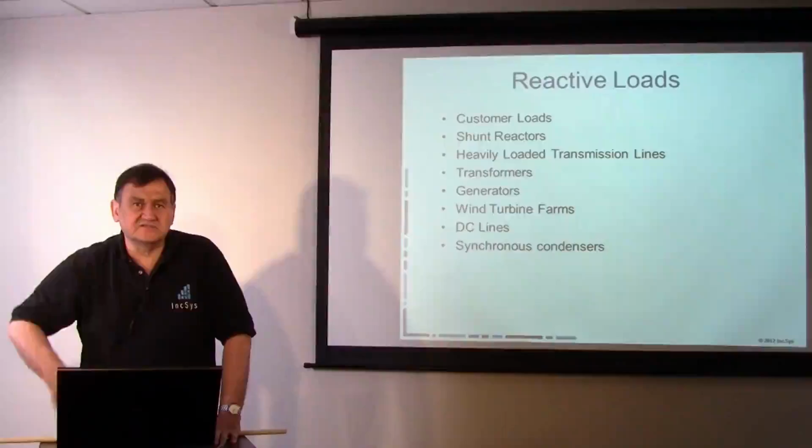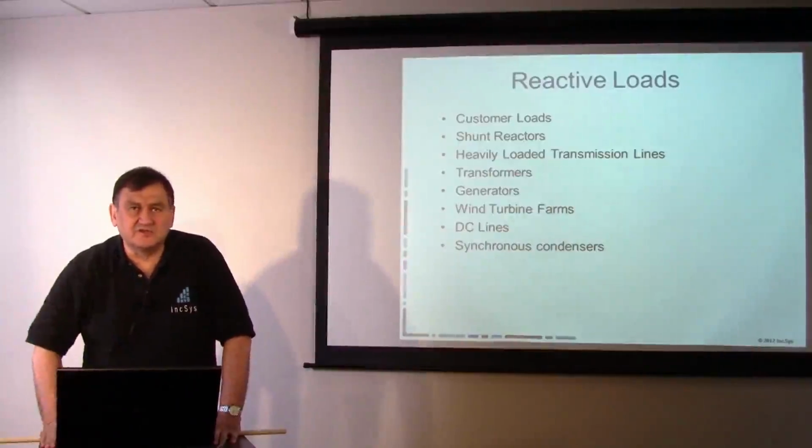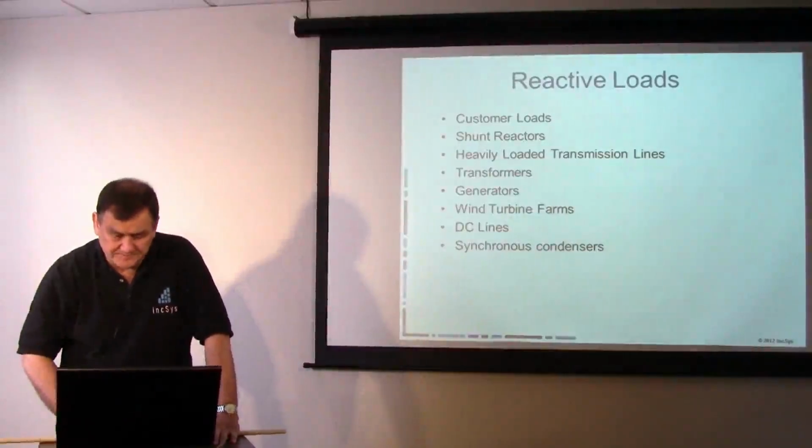So you'll often see wind farms tied in with static VAR compensators. DC lines, they have the rectifiers, and they are a net drawer of reactive power. And then synchronous condensers, for the most part, will be producing megavars, but there are times when they can absorb and they are a reactive load.